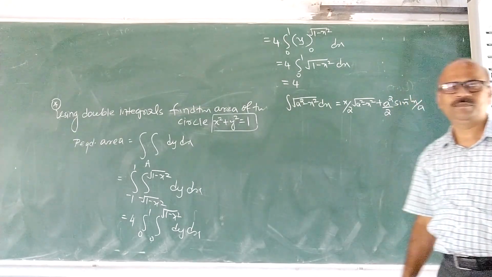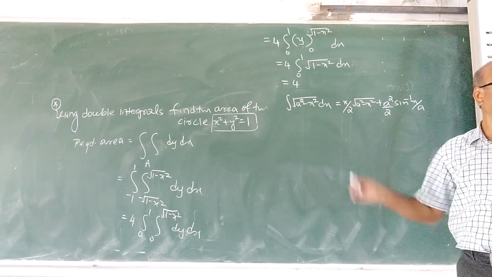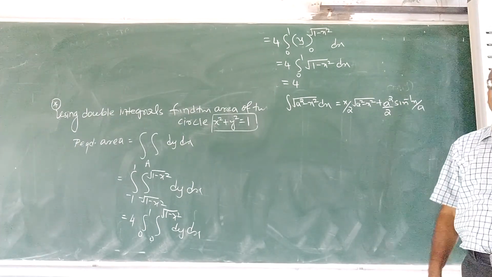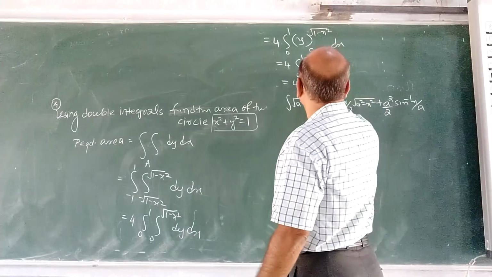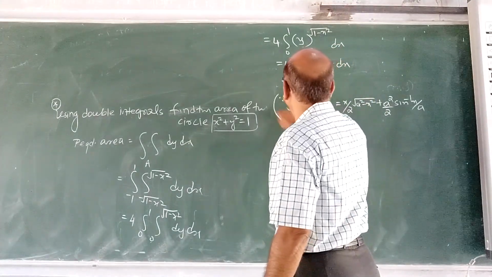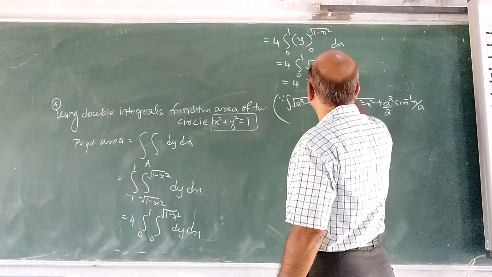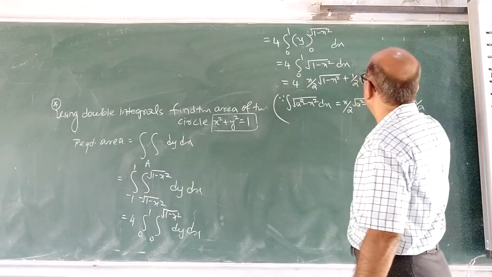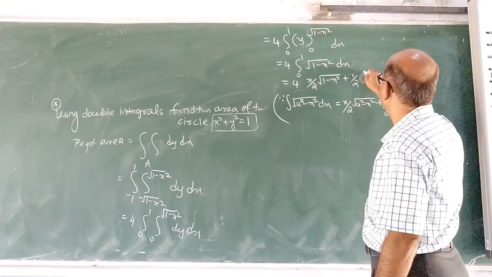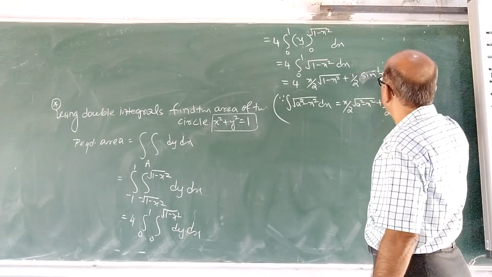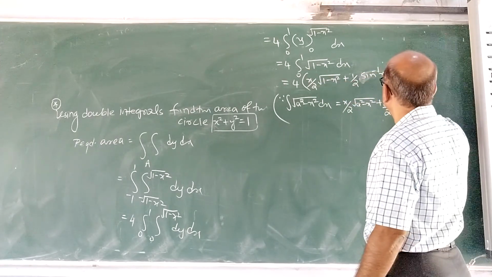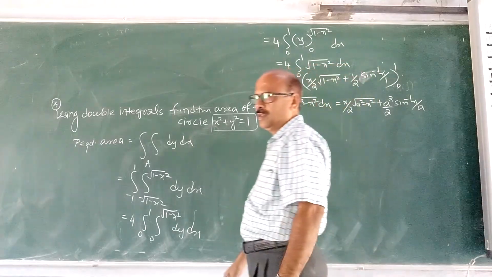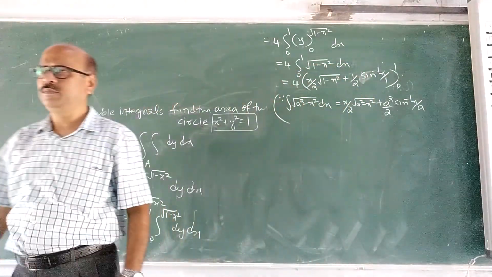This is the formula. You have to remember this formula. So 4 into x by 2 square root of 1 minus x square plus 1 upon 2 sine inverse x by 1, from 0 to 1.